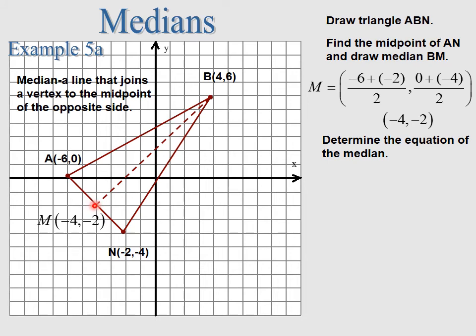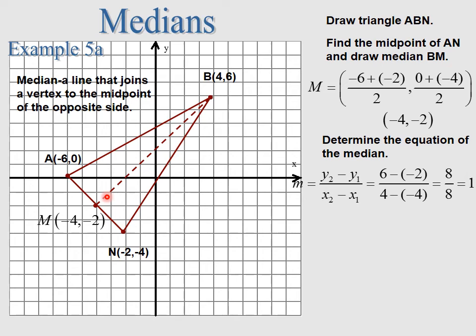Now the other thing I need you to know how to do is determine the equation of that median. And when we say equation of a median, it's really the same as saying equation of a line. And when you think of equation of a line, you should always think of y equals mx plus b. So let's start.